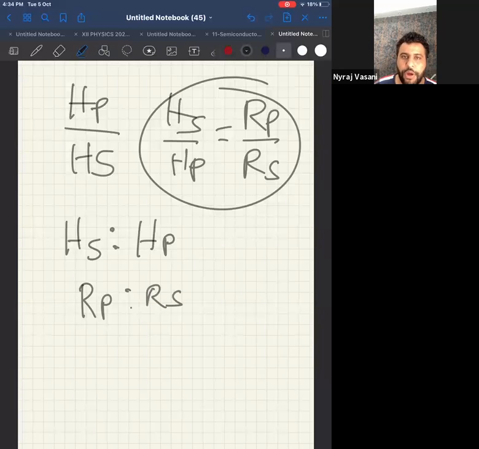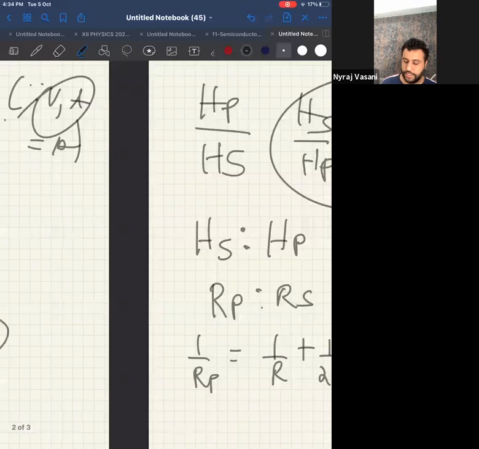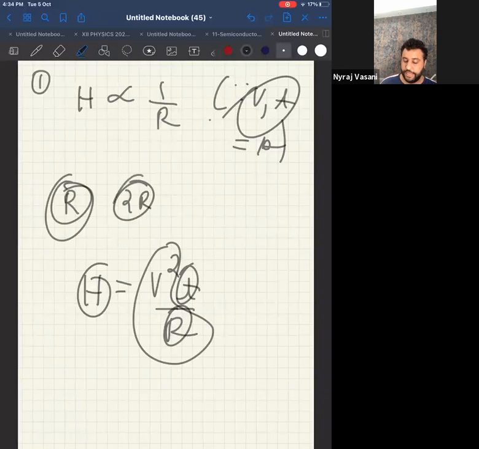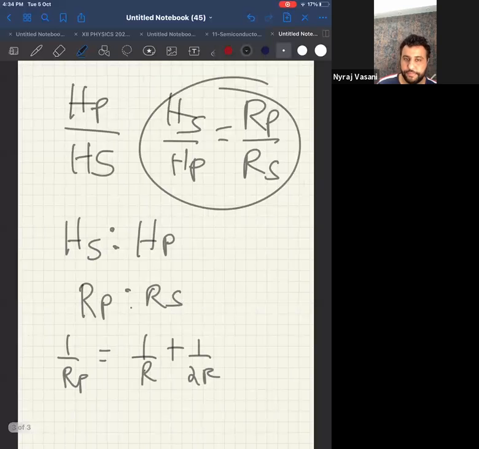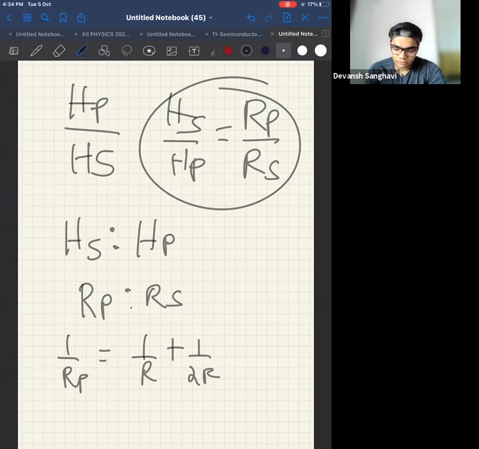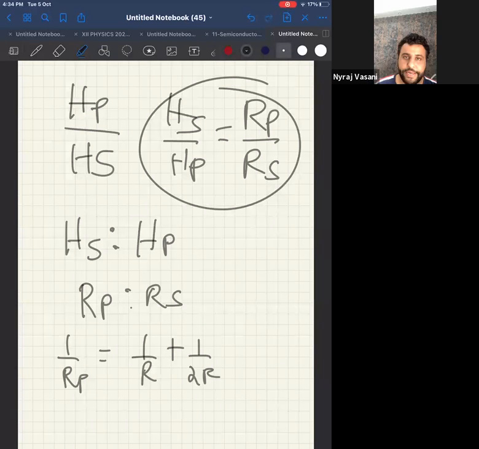Now, I hope you know how to find resistance in parallel and resistance in series. Resistance in parallel will be 1 by Rp is equal to 1 by R plus 1 by 2R. Because one resistor is R, one resistor is 2R. Therefore, tell me, what will be the resistance in parallel? 2R by 3. Actually, 2R square by 3R, so it is 2R by 3.